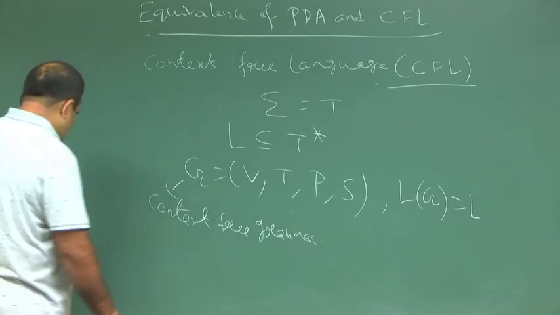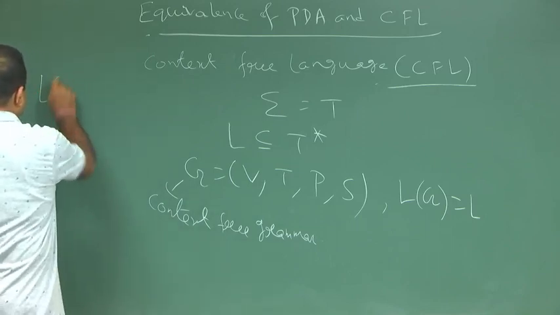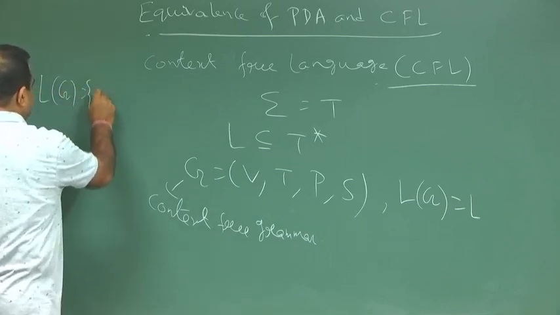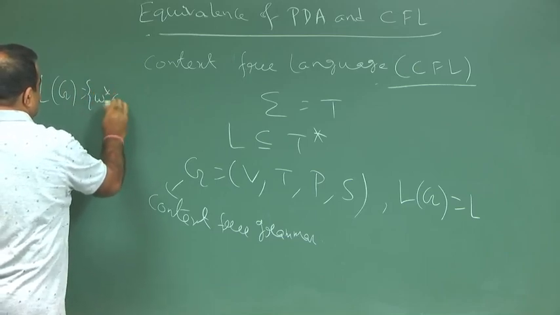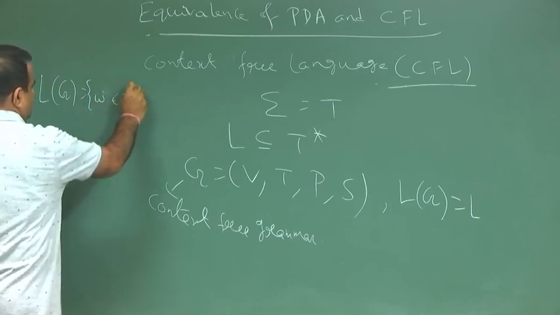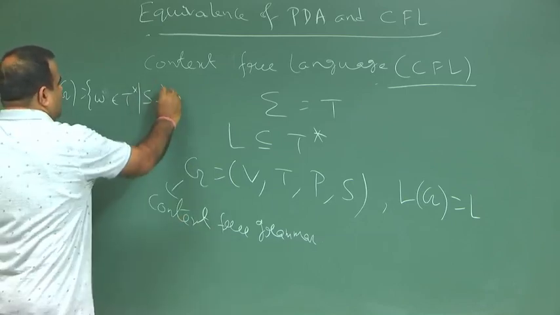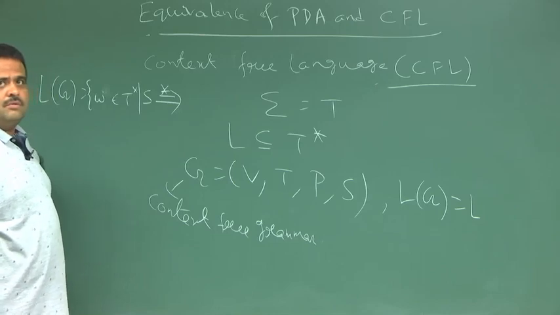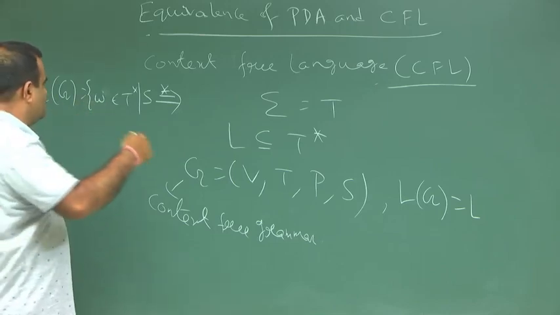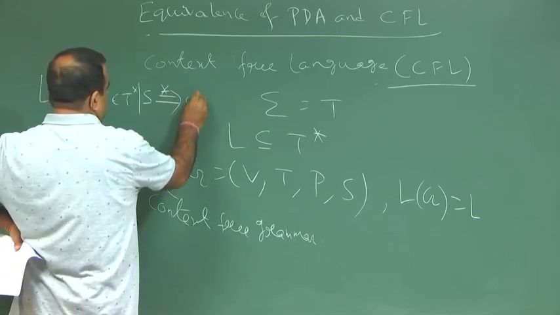L of G is the set of all strings of terminals w such that we start from S and through derivation we are able to reach w.